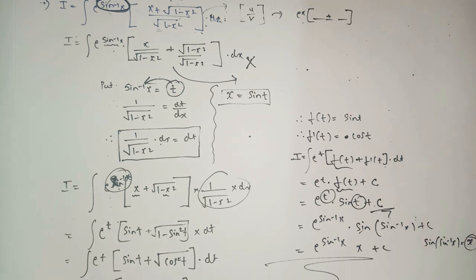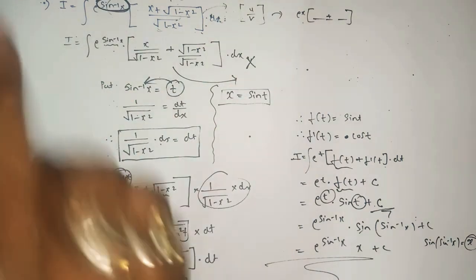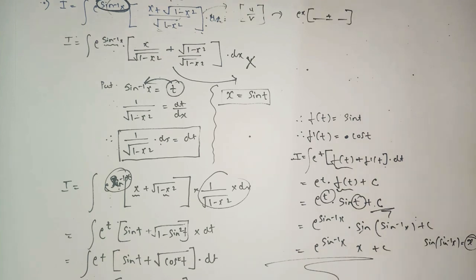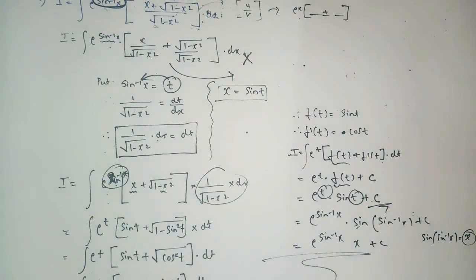In the next video we'll see a few more examples based on this substitution method, where x is replaced by some other term, or where e raised to x is not there, and how we have to convert that whole section into this formula. So in the next video we'll take a few more examples based on type number 8. Till then, goodbye, see you in the next lecture.